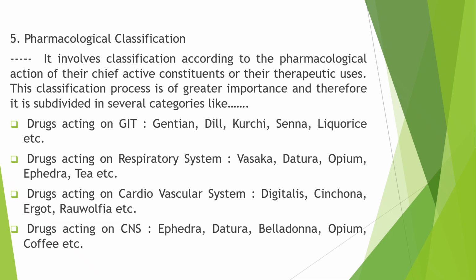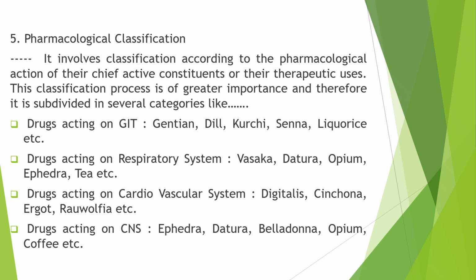Next, I will discuss pharmacological classification. In case of pharmacological classification, the subject pharmacology is a vast one. So it involves the classification according to the pharmacological action of their chief active constituents or their therapeutic uses.